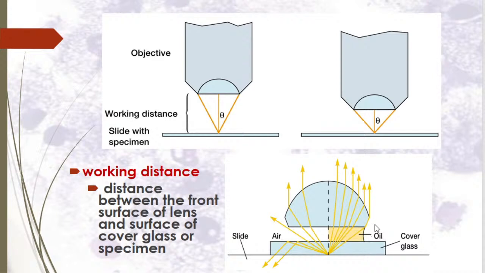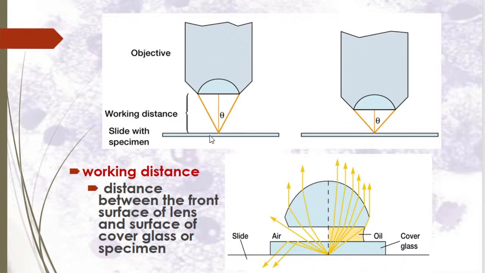That environment may be air, and maybe this is oil if we have to use a special immersion objective lens. That's the ordinary 90 and 100 magnified objective lens.